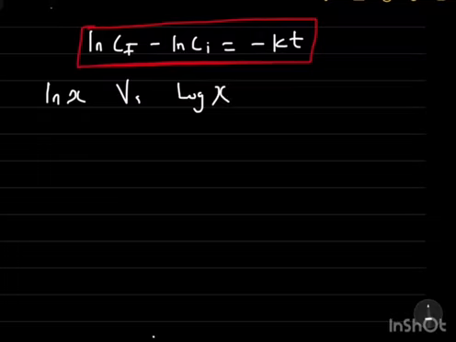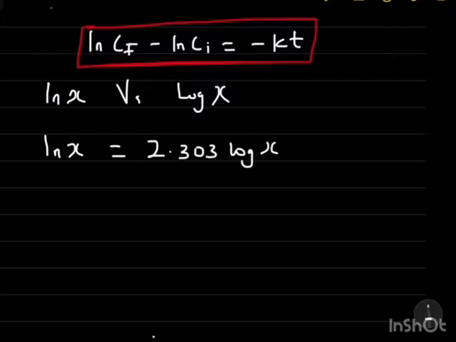Ln x equals 2.303 log x. It means that for this integrated rate law, if we want to change the ln to log, what we have to do is replace ln C final and ln C initial with 2.303 log C final and 2.303 log C initial.